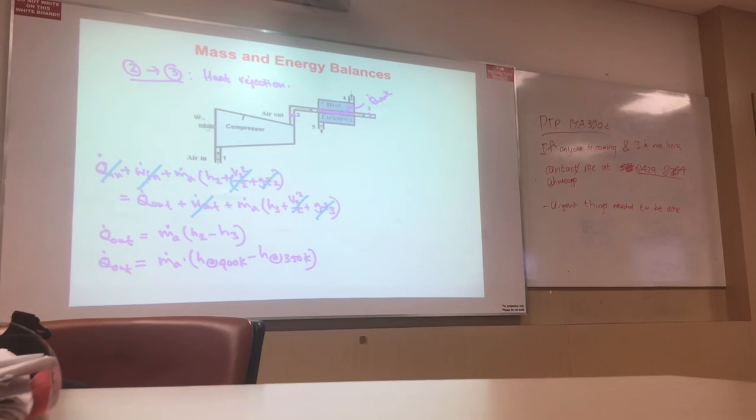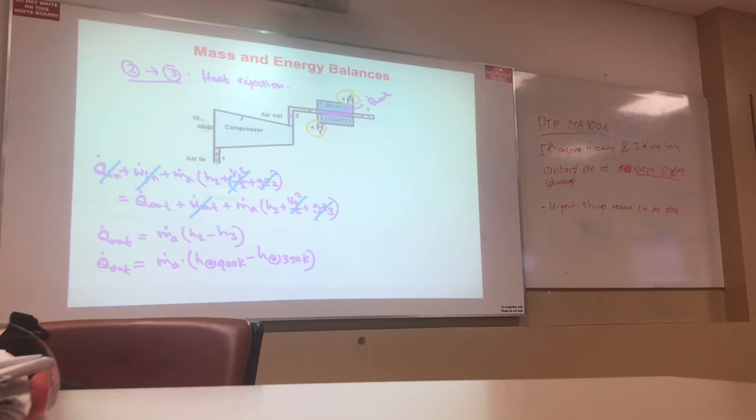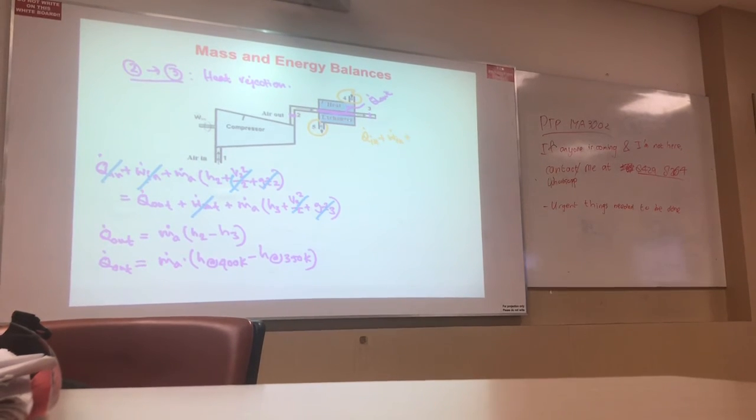So now I am going to write the energy balance between 4 and 5. Between 4 and 5, what can I write? Tell me. Q dot in plus W dot in plus M dot water H4, right?